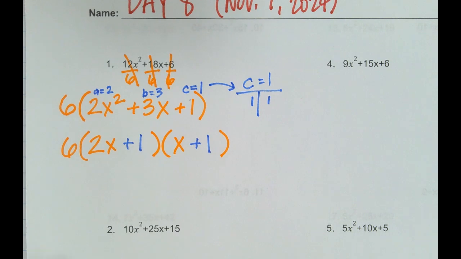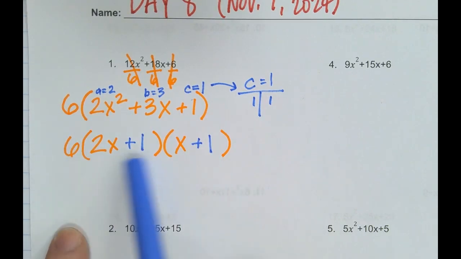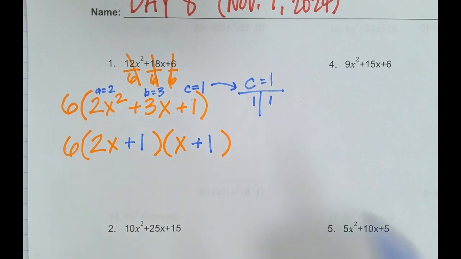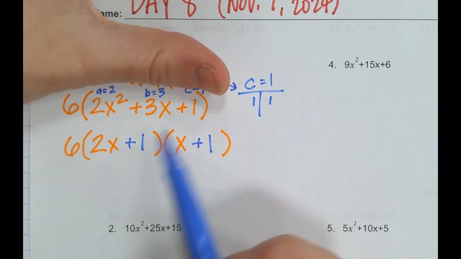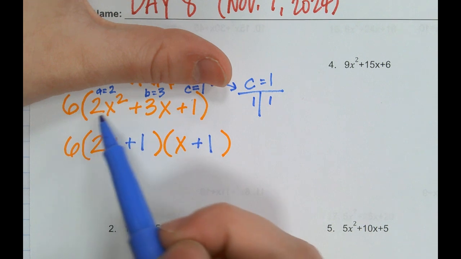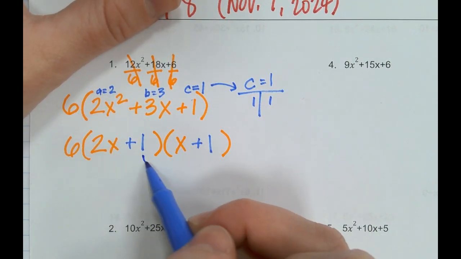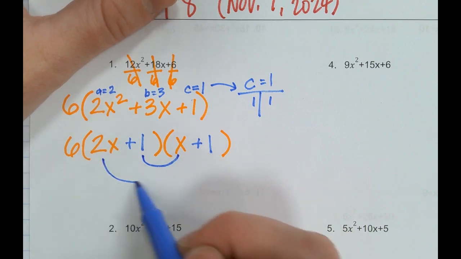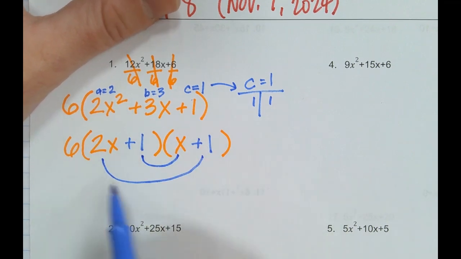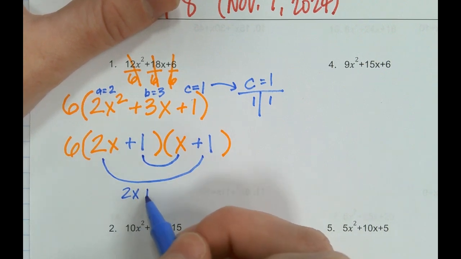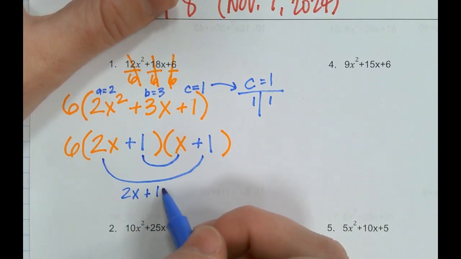So whenever we have a problem like this and we want to check our answer, we are only using the previous expression to check. And what I mean by that is when I do that rainbow method and I do 2x times 1 is 2x plus 1 times x is 1x.